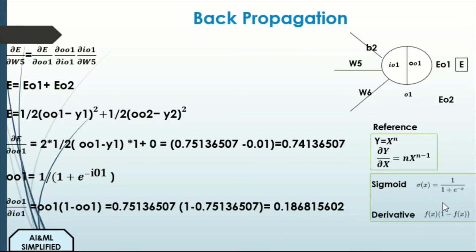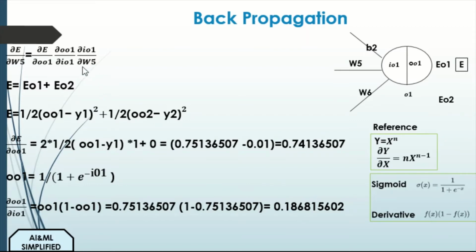So we'll use the same formula and compute this derivative of O1 with respect to IO1, which is basically O1 into (1 minus O1), because the f(x) value will be replaced by O1 here. So we replace this value and we are able to calculate the second term in this differential as 0.186.